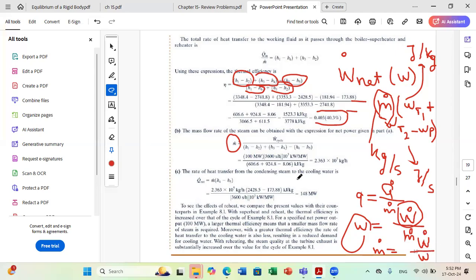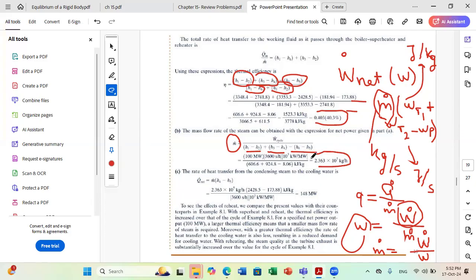All I have to do is divide by small w, which is H1 minus H2 plus H3 minus H4 minus H6 minus H5. So then I can get the expression of my mass flow rate.